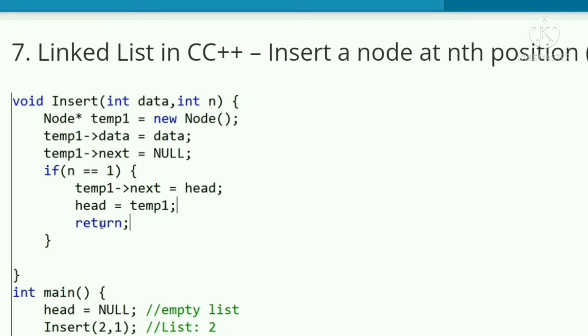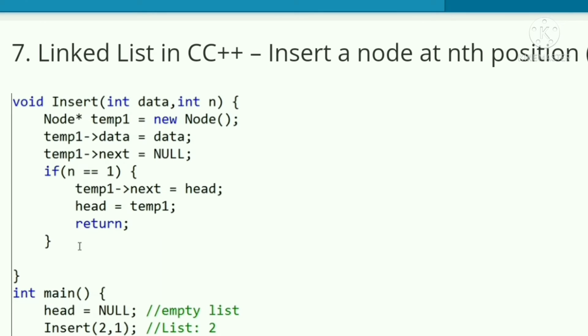If you can see, this will work even when the list is empty, because the head will be null in that case. I'll show a simulation in the memory in a while, so hold on till then. Things will be pretty clear to you after that.